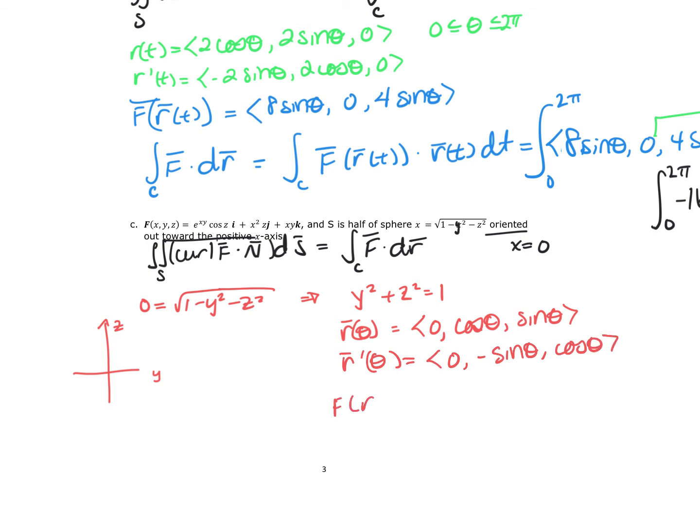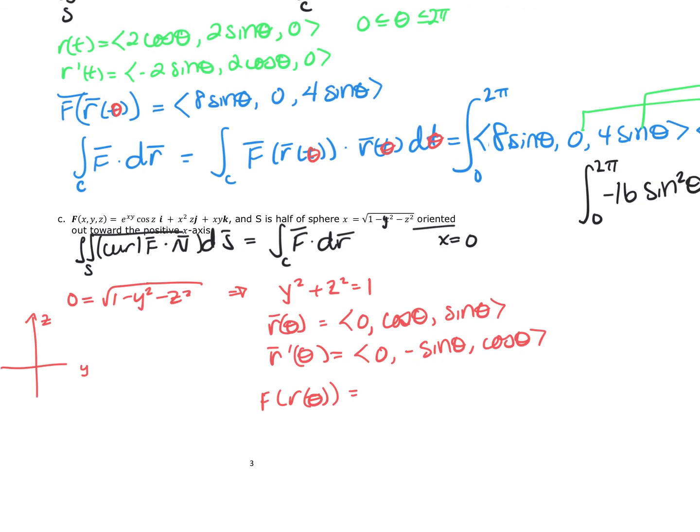And then my F of r of theta, and this should be theta up here, because I'm using theta, and this should be theta, d theta, just for notation purposes, is going to be equal to, I have e raised to the xy, so that's e raised to the 0, the cosine of the sine of theta, comma, and then I have 0 times z, so that's 0. And then the last one is 0.